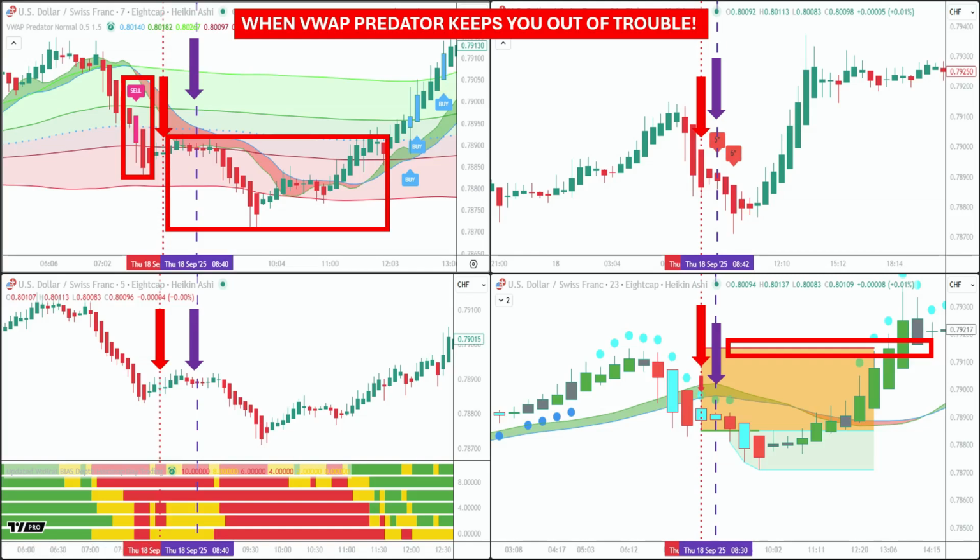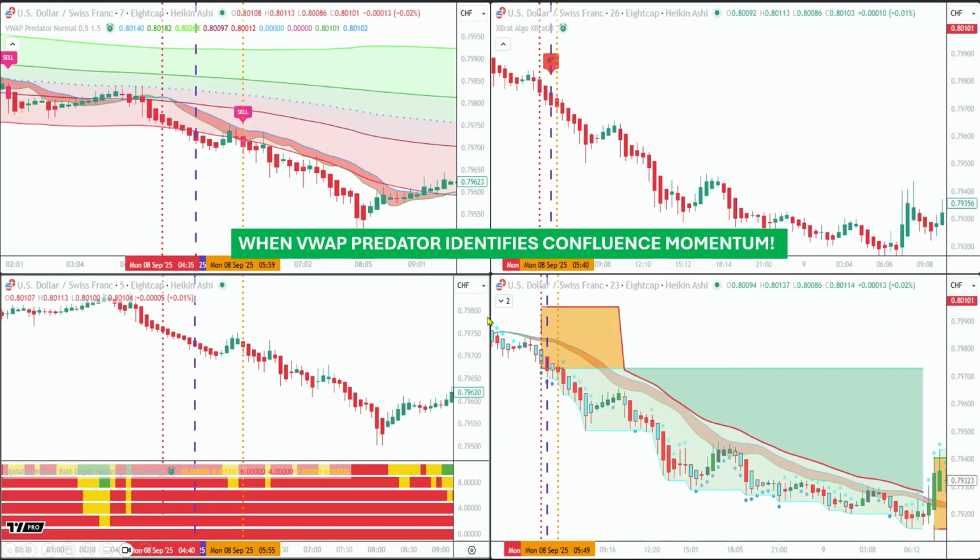These have been designed to work together to give you initial anchors to say this is the direction we'll be going in, then to get that confluence from the XPRAT algo. But finally, we need that momentum confirmation, and we don't get it. And we don't get the confirmation from the bias depth heat map, but we didn't need it anyway because there was no trade. When VWAP Predator identifies confluence momentum, that's when the trades really happen.